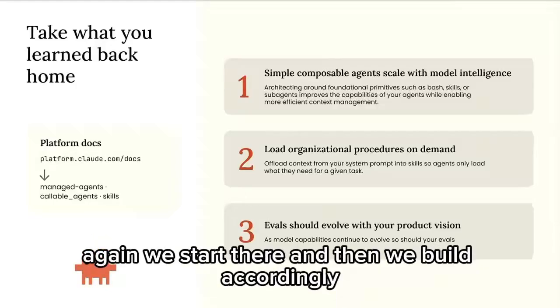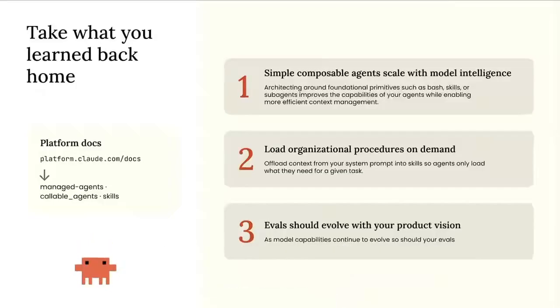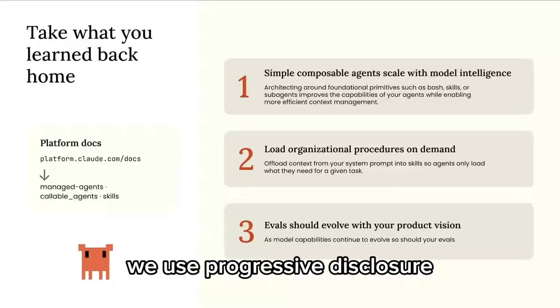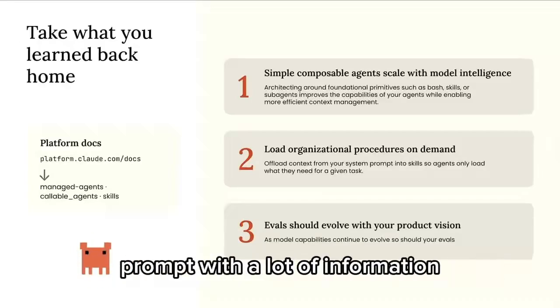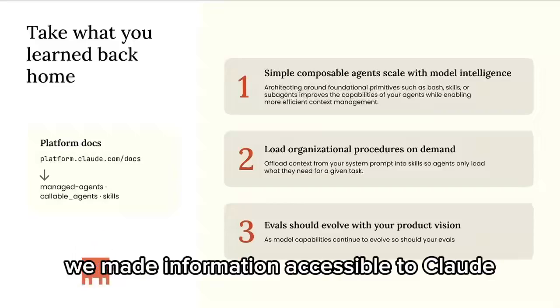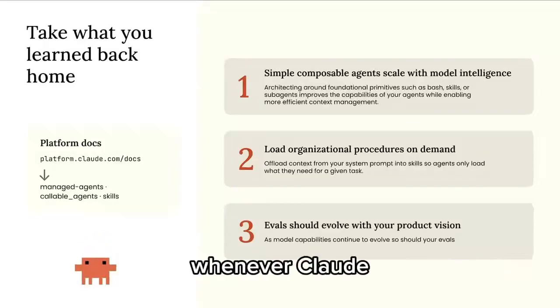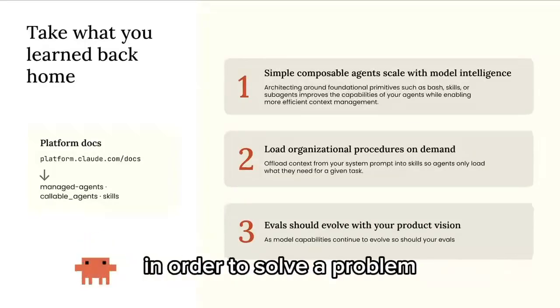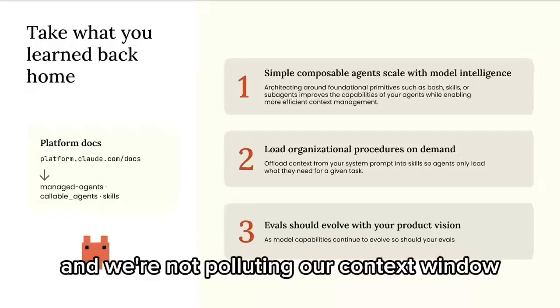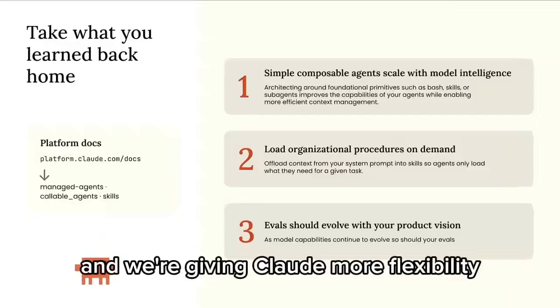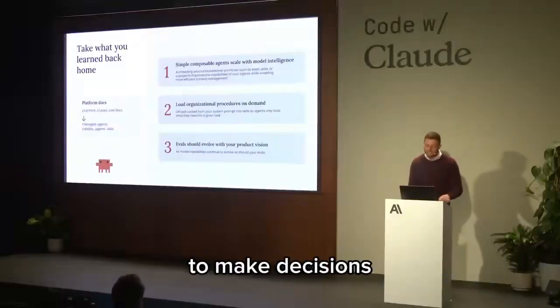Again, we start there and then we build accordingly. The next thing that we did is we used progressive disclosure through skills. Instead of stuffing our system prompt with a lot of information, we made information accessible to Claude whenever Claude realized that it needed that information in order to solve a problem. This is great because we can run more efficiently, and we're not polluting our context window, and we're giving Claude more flexibility to make decisions.